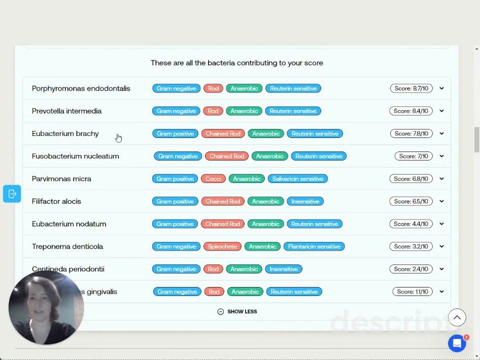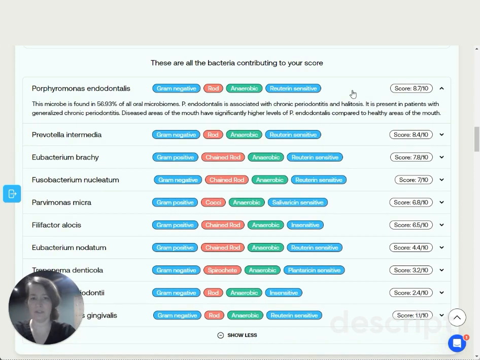There's some Enterobacter, Fusobacterium, and the Parvimonas micra, along with some other pathogens that are either low to moderate. So on this side here, these are the ones that are on the highest score that could be involved with some of the risk factors.